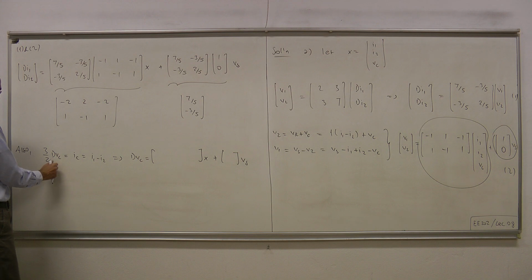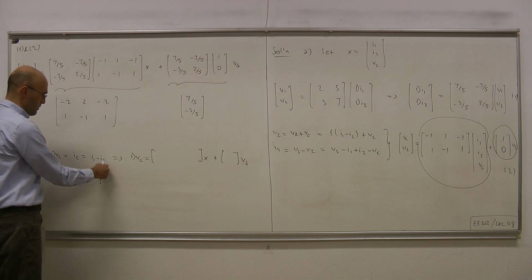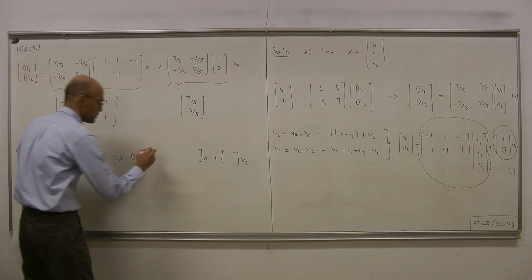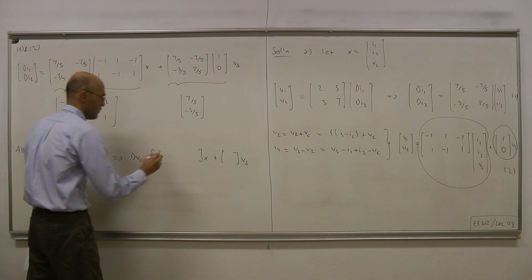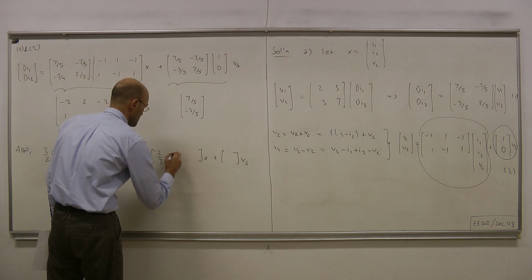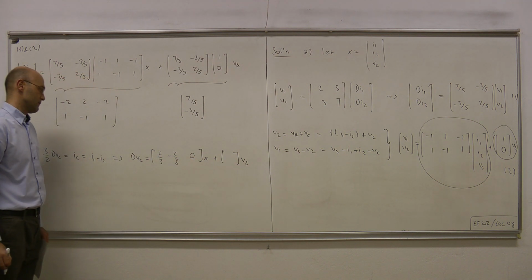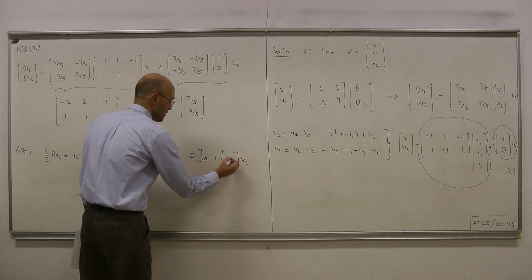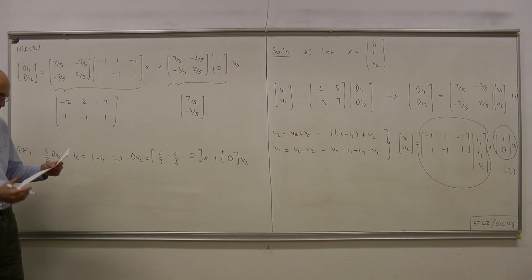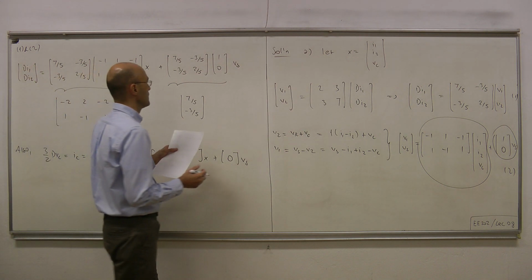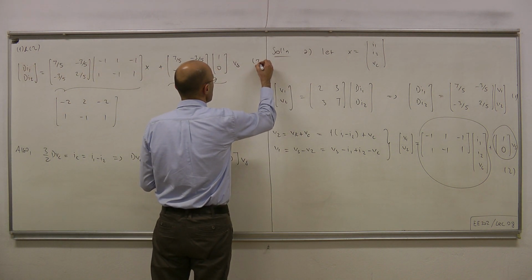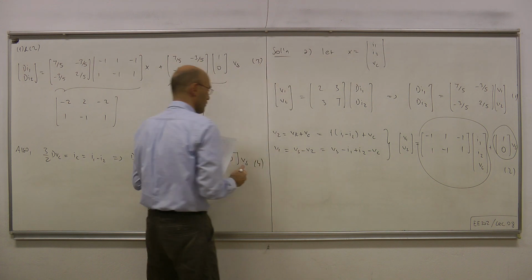So dVc is 2 over 3 I1 minus 2 over 3 I2. Here we have 2 over 3 for I1, minus 2 over 3 for I2, 0 for Vc, and also 0 for Vs. Okay, so let's call this equation 4, and the previous one equation 3.